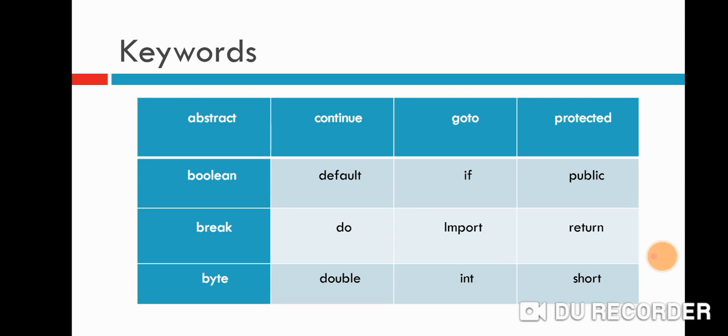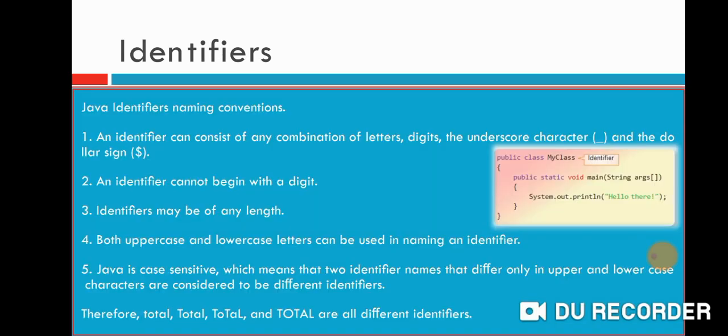A Java compiler reserves these keywords for its own use and hence they are not available as names for variables or methods. A few Java keywords are default, if, public, which you have already learnt in class 8. We will learn many more in the coming session, and these words cannot be used as variable names. We will be looking into detail what is a variable in the next session.